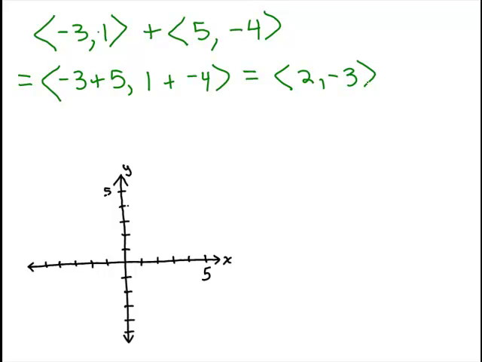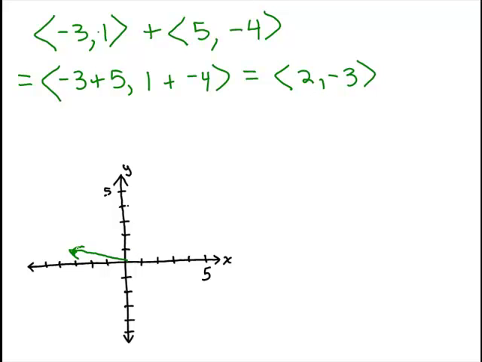Let's see if that makes sense graphically. So if I start with the first vector, negative 3, 1, so I'm going over negative 3 and up 1, I have this vector right here. Now I don't have to start at the origin, it's just easier because then at the end, wherever the ordered pair ends up, that's going to be the same numbers as the vector's components.